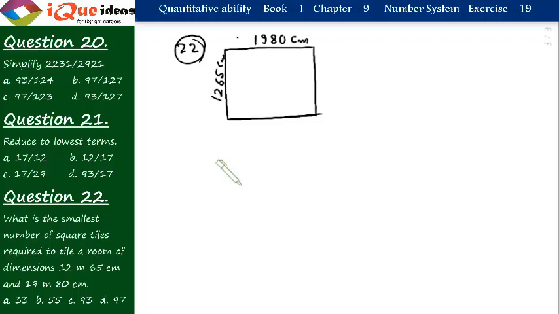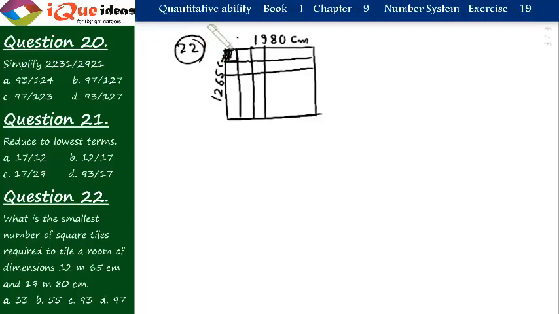Now we have to find the smallest number of square tiles. How will the square tiles be placed? Look at the structure. We have to draw lines like this, and similarly lines like this. Now look at one tile. This is one tile, I'll shade it for you.